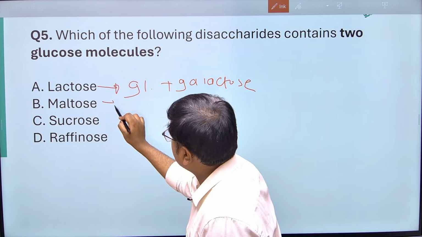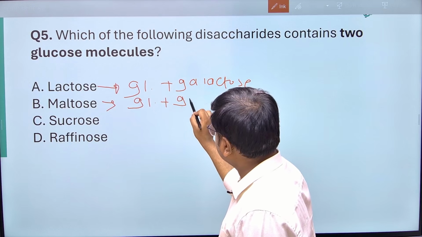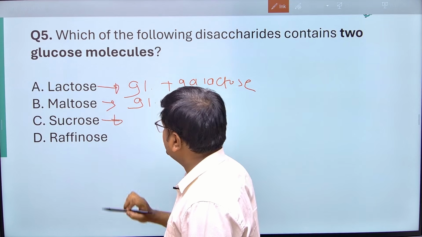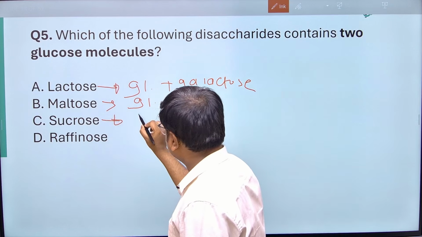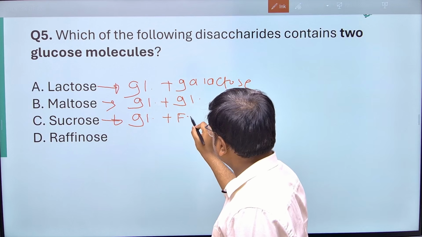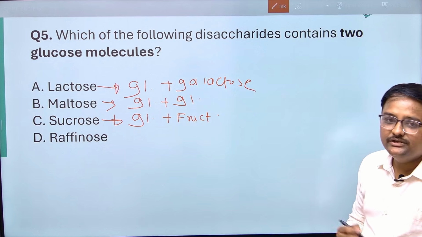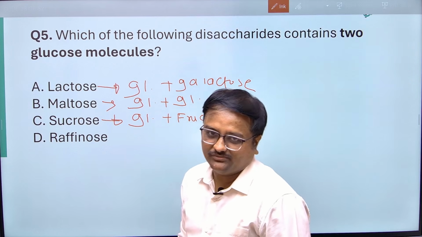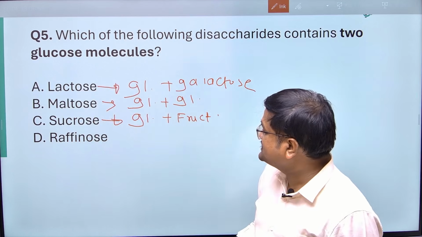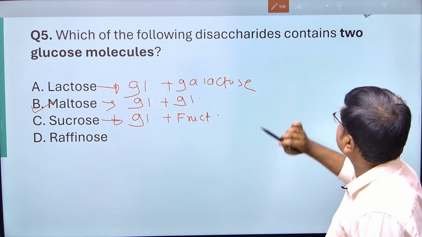Maltose is composed of 2 glucose units. Sucrose, which we also call table sugar, is composed of glucose along with fructose. The last option, raffinose, is an oligosaccharide composed of 3 sugar molecules: glucose, fructose and galactose. So among all of these, maltose is the right answer as it is composed of 2 glucose units.